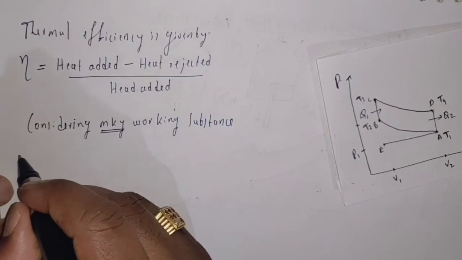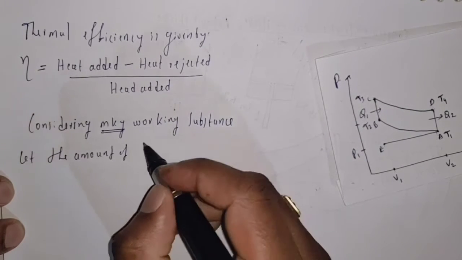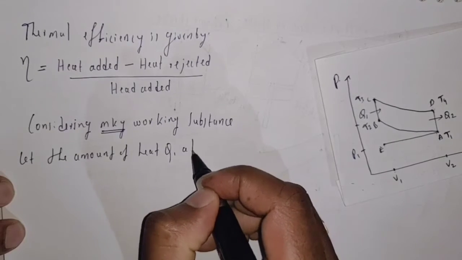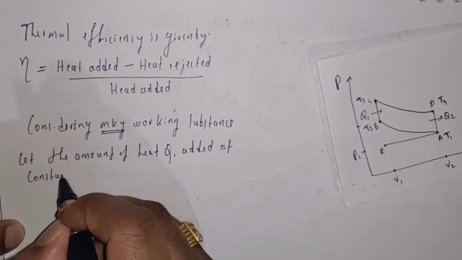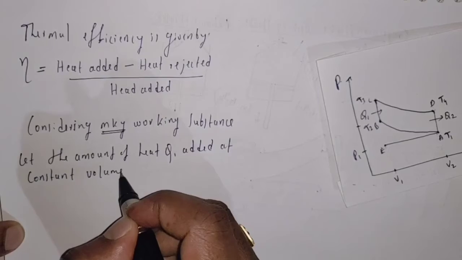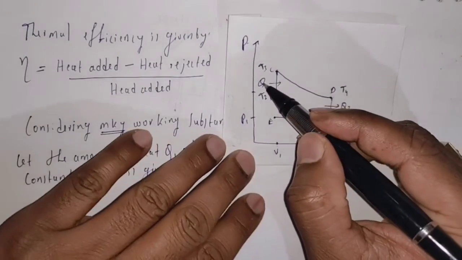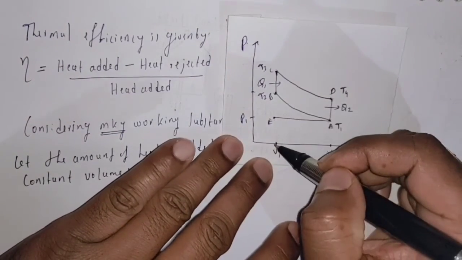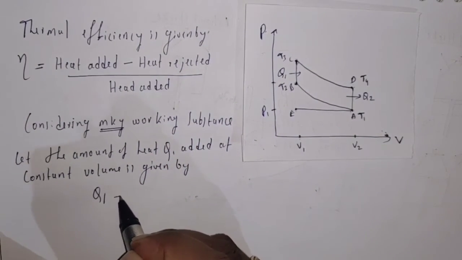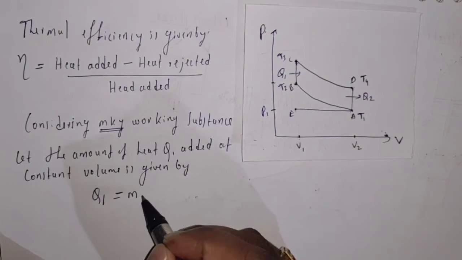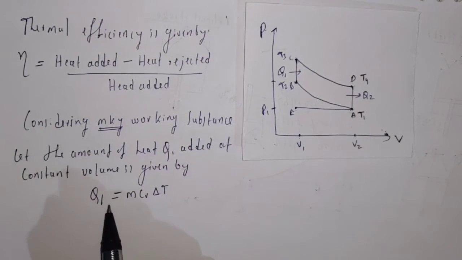Then let the amount of heat Q1 added at constant volume be given by: that is, the amount of heat Q1 which is added at the constant volume is given by Q1 is equal to m Cv delta T, and we have already discussed specific heat capacity.